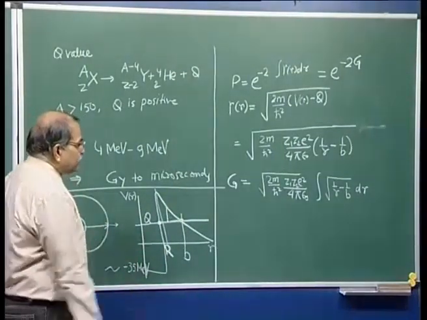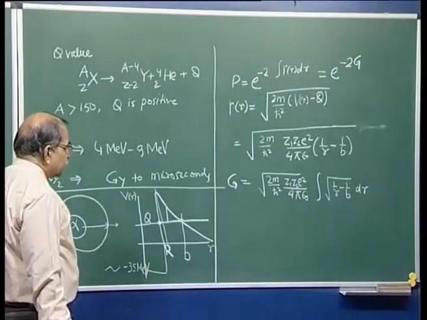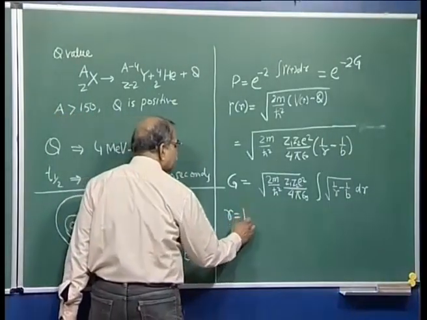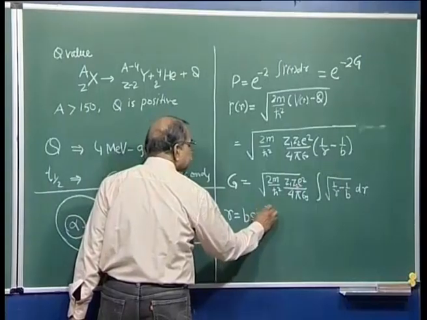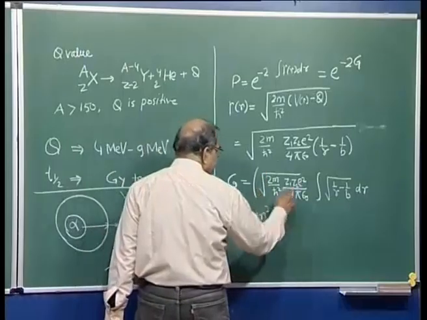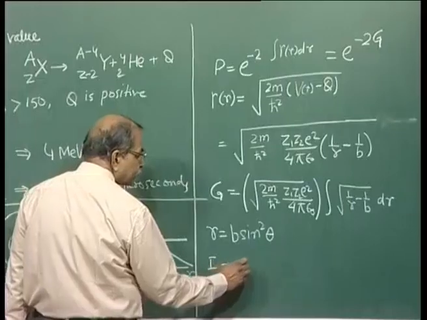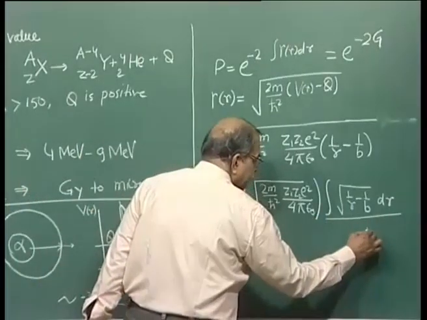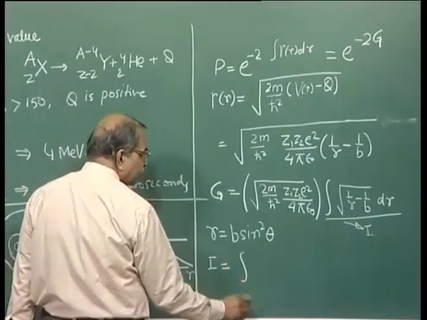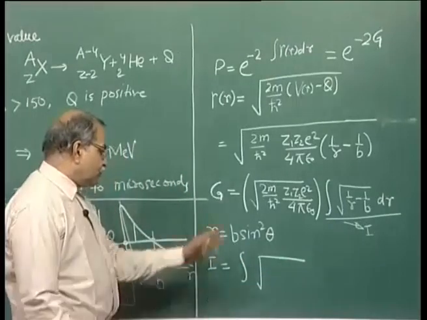Now, the evaluation of this integral happens to be quite simple, and a simple substitution works. If you write r is equal to b sin square theta, then this integration, which I am writing as I, is the integration of square root of 1 by sin square theta minus 1 by b.